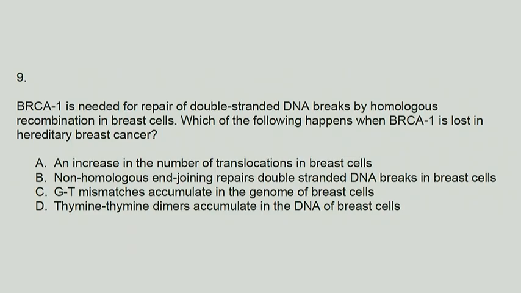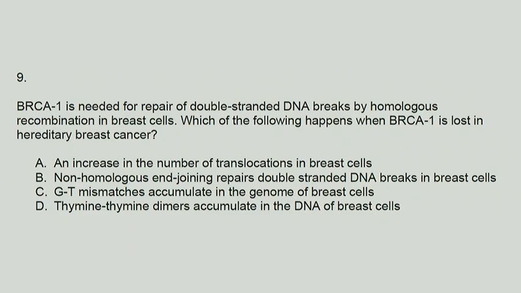Okay, and then similarly, looking at B, non-homologous end joining repairs double-stranded DNA breaks in these cells. Yes, right? So just like we just talked about for the translocations, if we lose a gene that promotes homologous recombination, we're going to have to fix double-stranded breaks using end joining.